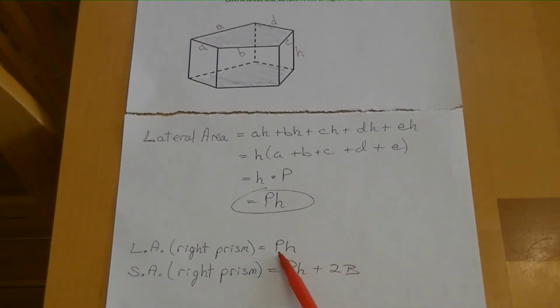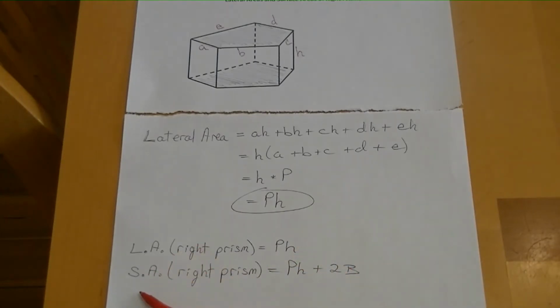It's important to remember that that P specifically is the perimeter of the base. And we'll practice that on 4 or 5 examples coming up. It's also important to remember the height is not the height of the base, it's the height of the prism. It's the distance between the bases.